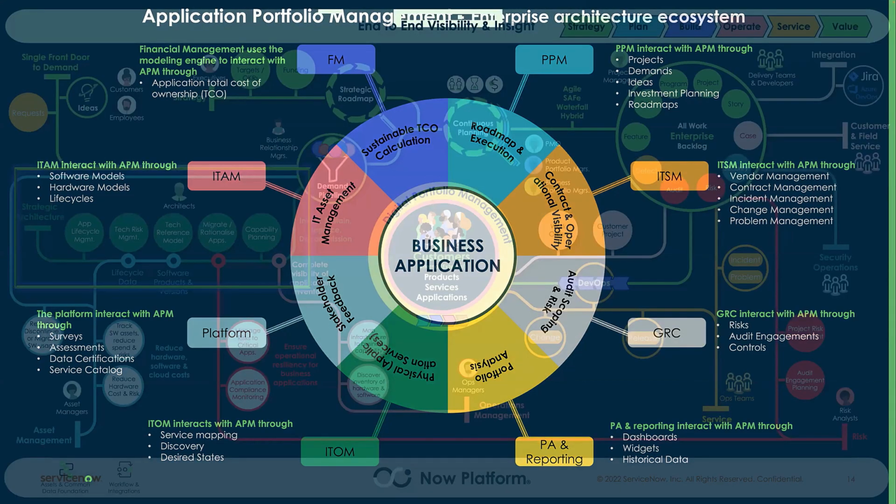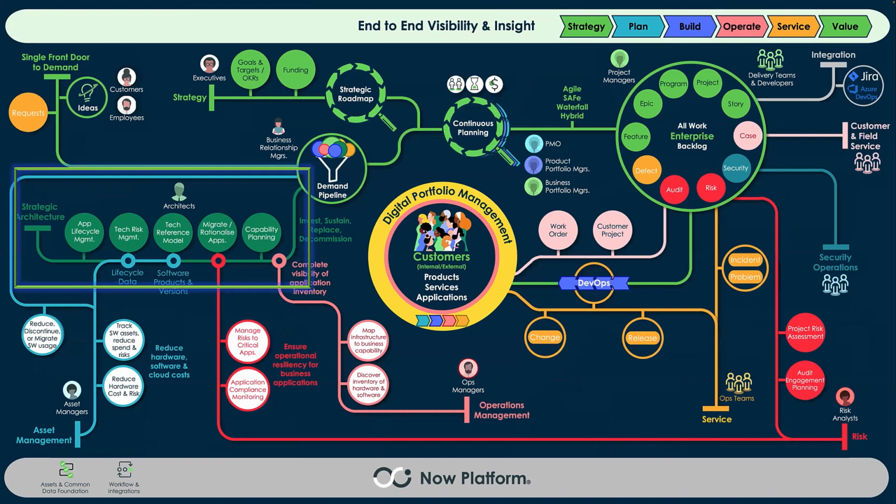The big picture of what APM is doing. This is a really busy graphic, but if you think about it, in the end, we're delivering products in some form. We'll call them digital products to our customers. We're delivering value.